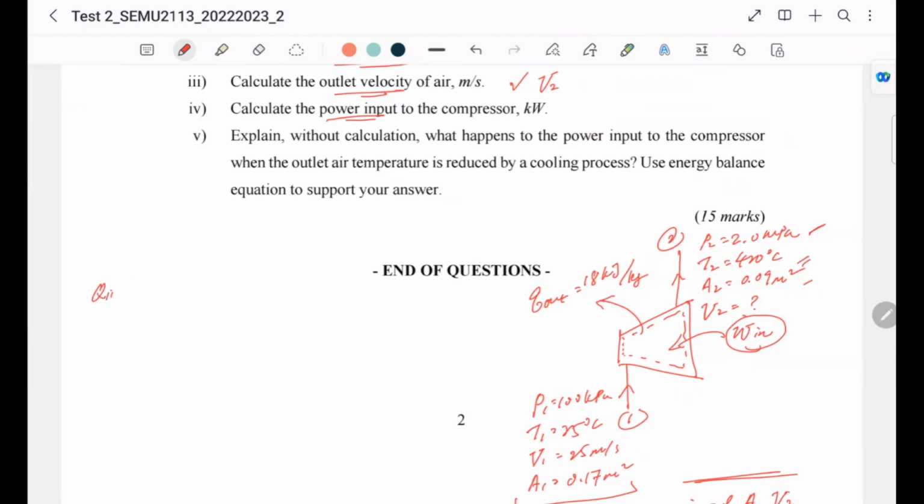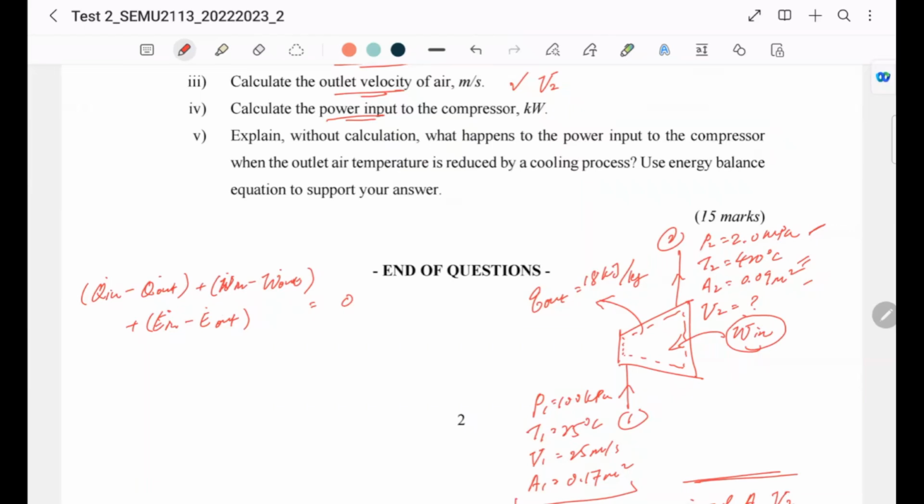Okay, so Q in, sorry, not plus, minus Q out, plus W in, minus W out. This equals 0 because there's no change in the internal energy, kinetic energy, or potential energy of the system, right?